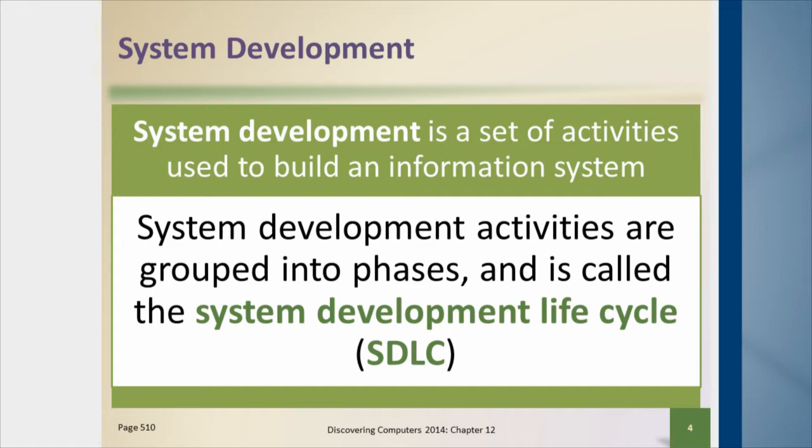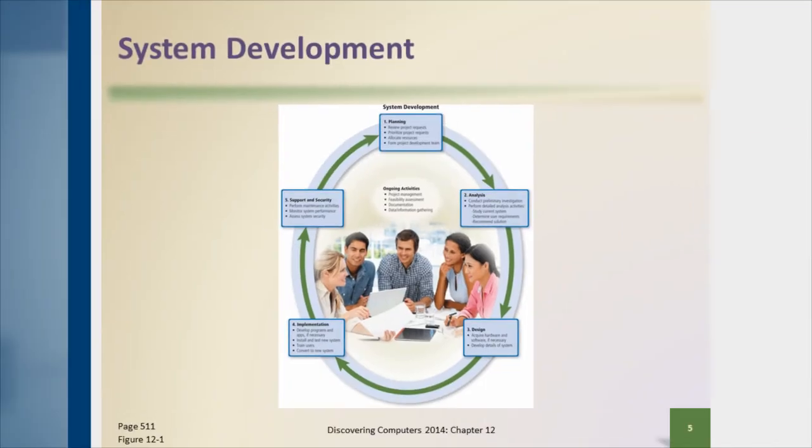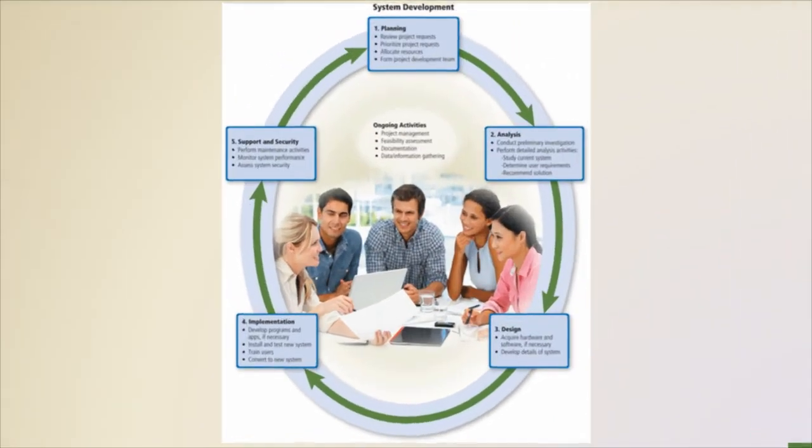Systems development activities are grouped into phases, and this is called the systems development life cycle. Depending on the text that you're reading, there'll be different phases, different number of phases, and different names for those phases. But in general, there's a lot of similarities from one text to the other. And we'll go through that when we get to it in the next few slides.